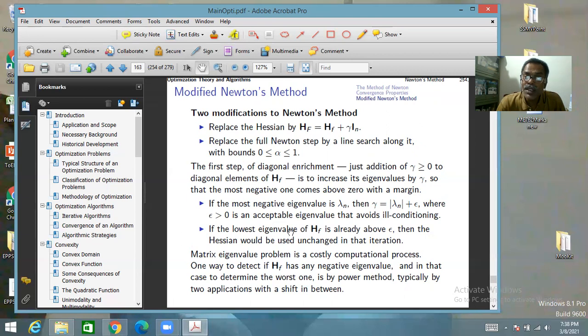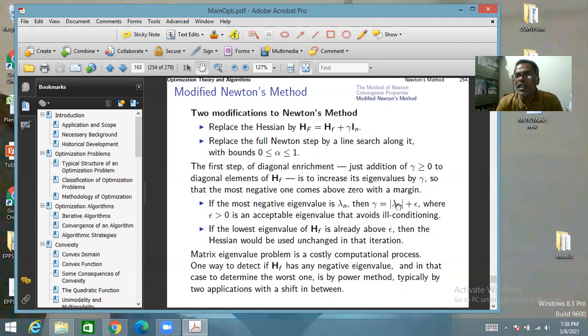Now, if the lowest eigenvalue of the Hessian is already above epsilon, then you don't do anything. That Hessian would be used unchanged, and in that case, you would get full second order, quadratic convergence. Now, here is the catch. The matrix eigenvalue problem is a costly computational process.